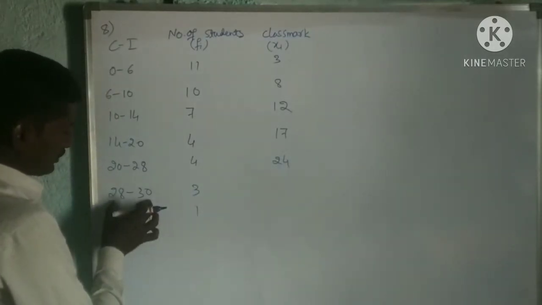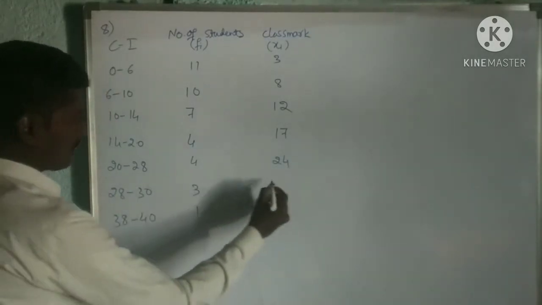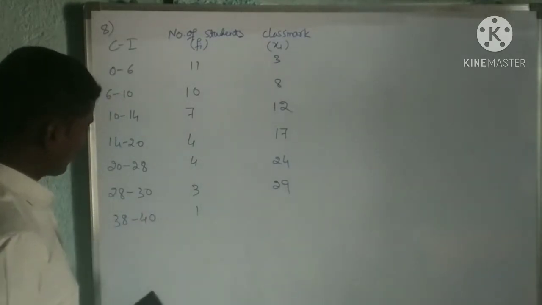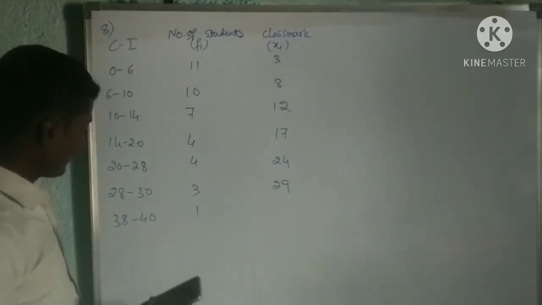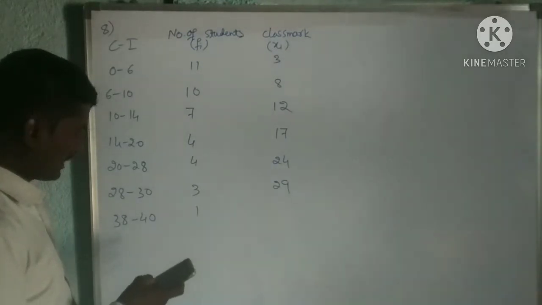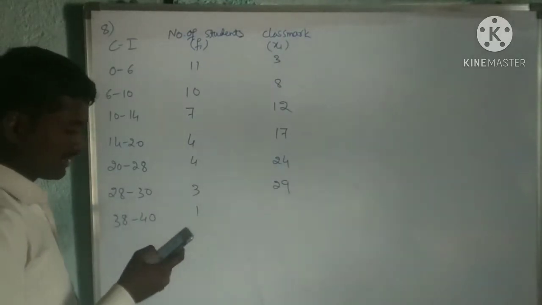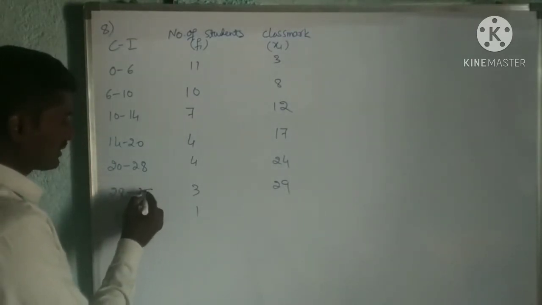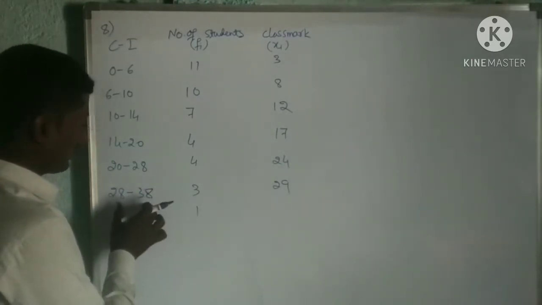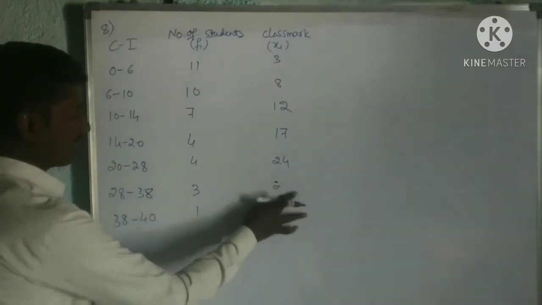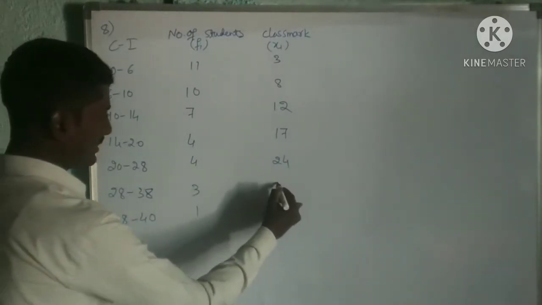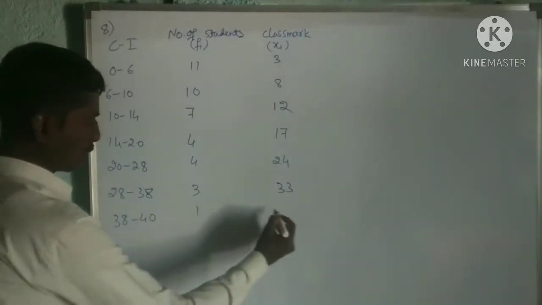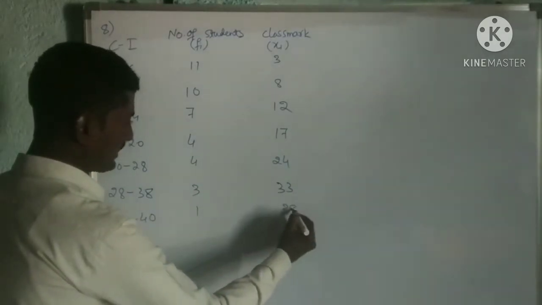Then 28 to 38, not 30, it is 38. The difference is 10, I have to add 5. It will become 33. Then 38 to 40, the difference is 2, I have to add 1, so 39.